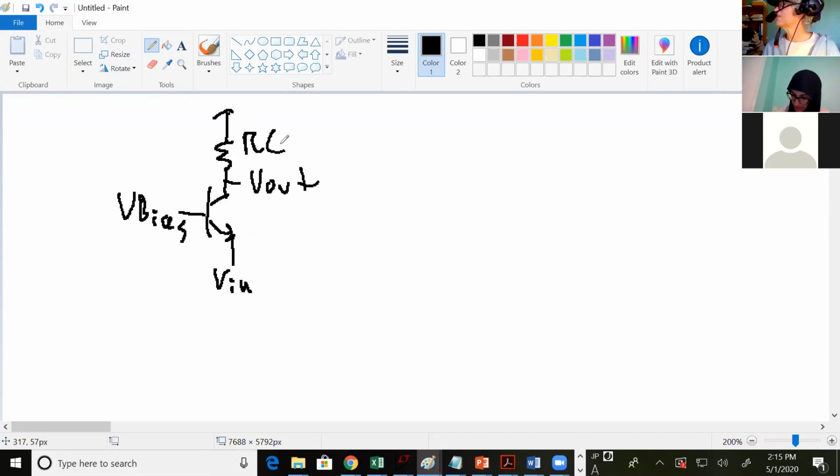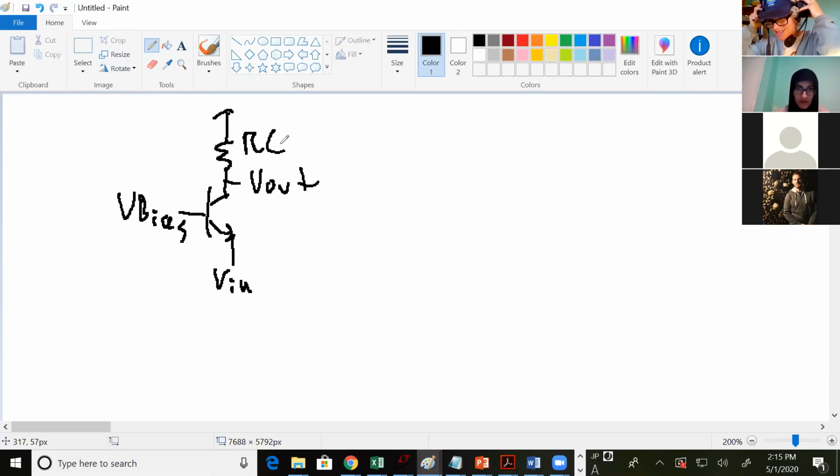What kind of amplifier is that? Common emitter. It looks almost exactly like a common emitter and common base.